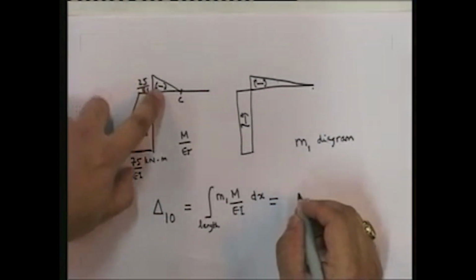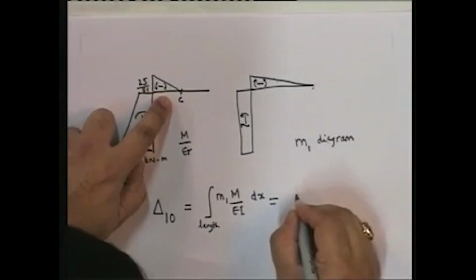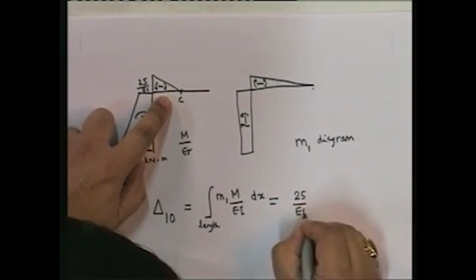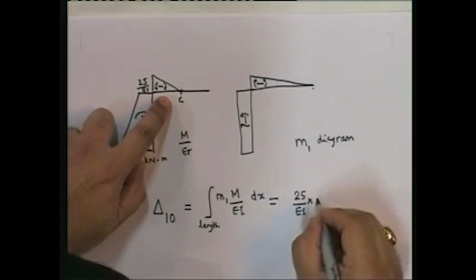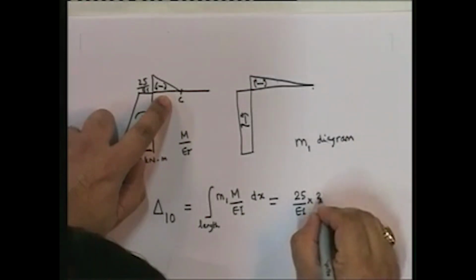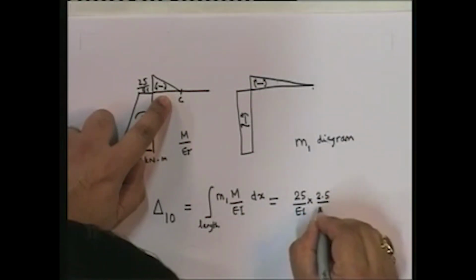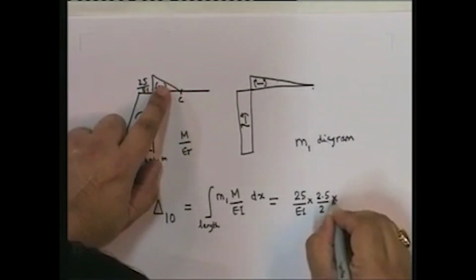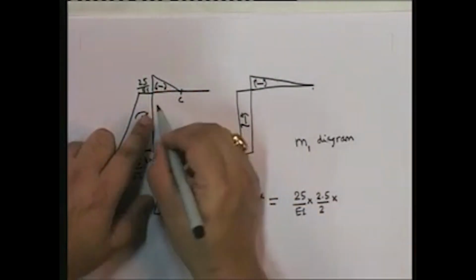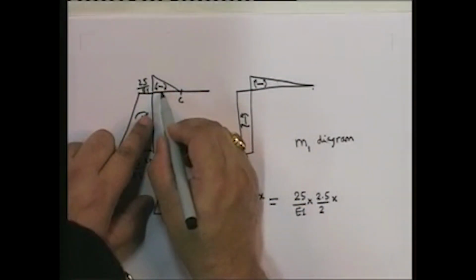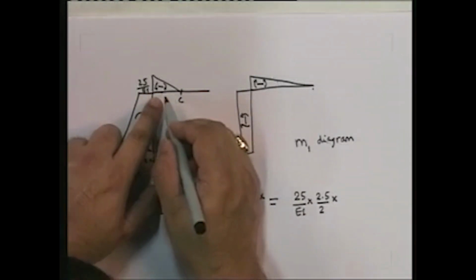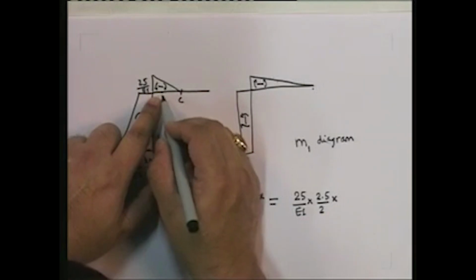This particular one, what is the area under the curve? 25 upon EI multiplied by 2.5 by 2. That's the area under this curve, multiplied by, now let us look at this. Which point would this be? This point would be 2.5 by 3 from this end, which is actually 5 by 6.